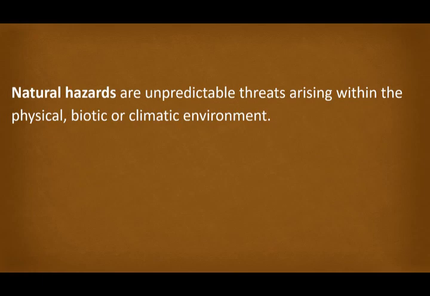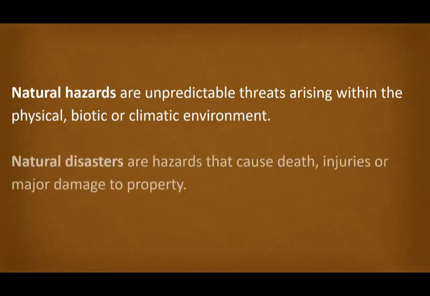However, natural hazards are basically threats out there in the environment. They may or may not happen, but when they do occur and cause any form of damages, including loss of lives or even damages to property, then it becomes a disaster. So that is the difference between a hazard and disaster. A hazard is basically a threat. It may or may not happen.